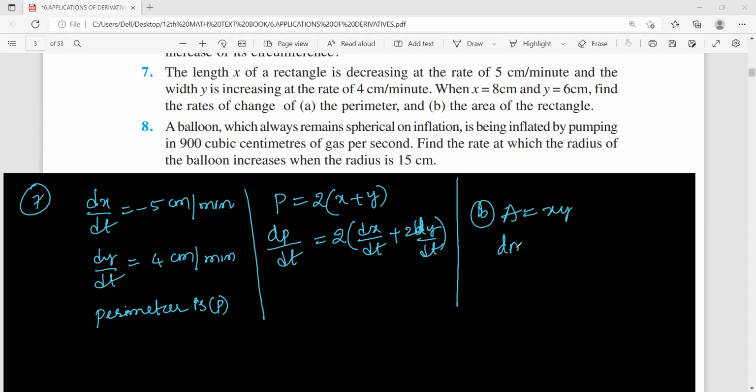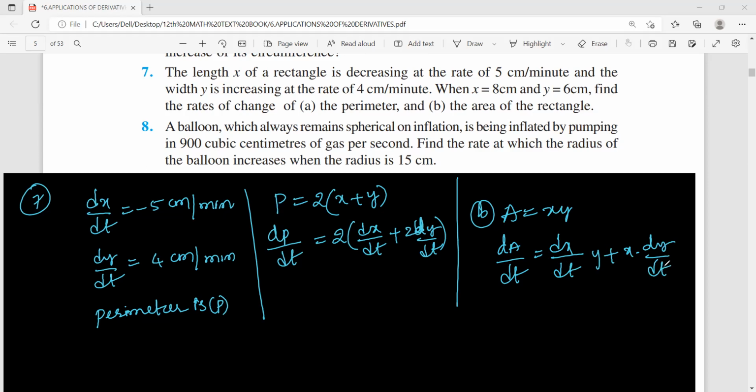Tell me what is dA by dt? dA by dt would be dx by dt into y plus dy by dt into x, or x into dy by dt, whatever. You need to substitute. That's it.